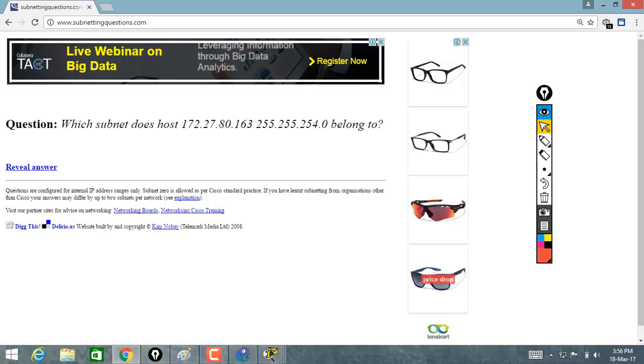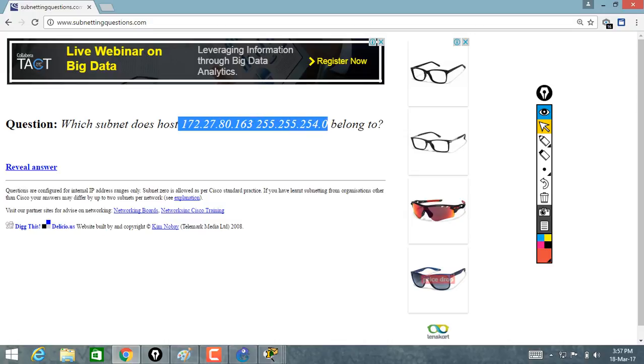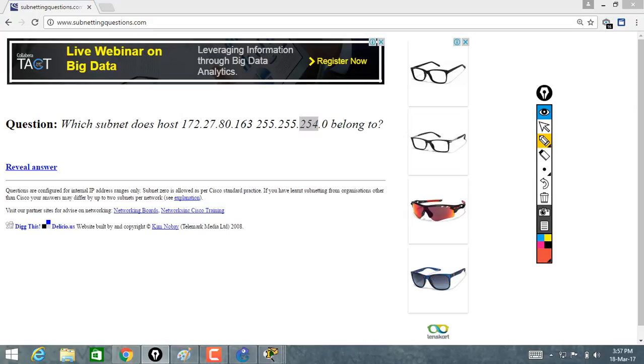Okay, so the question asks which subnet the host belongs to. You can see it is 254, and in the third octet it is changing, so we can directly write it like this. First octet of the subnet mask is 255, so 8 bits on. Again 8 bits, and then 254, where 7 bits are on.